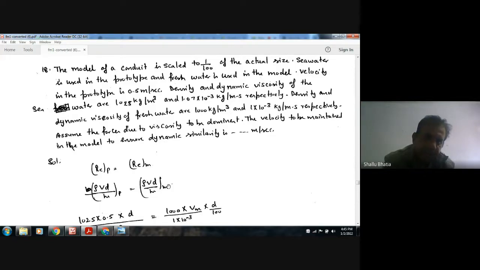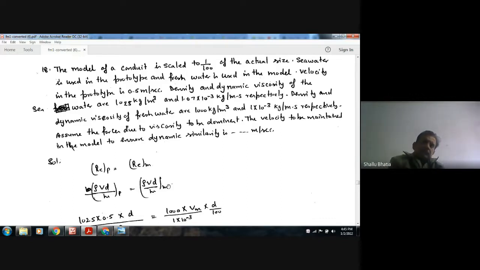The density and dynamic viscosity of fresh water are 1000 kilogram per meter cube and 1 into 10 to the minus 3 kilogram per meter per second, respectively. Assume the forces due to viscosity are dominant. The velocity to be maintained in the model to ensure dynamic similarity.